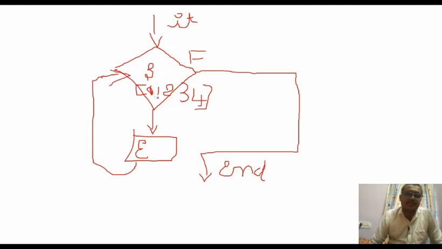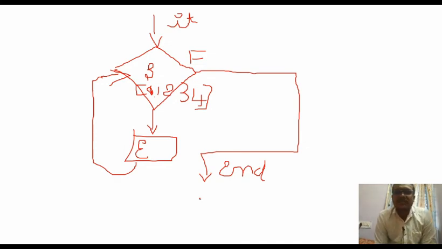Here the next sequence is 1. It will execute and go back. The sequence is there, it will execute. Go back. Third, the sequence is there. It will go back and execute. Fourth, the sequence is present. It will go back and execute. After 4, there is no sequence. Whenever the sequence is empty, it is going to come out of the loop.